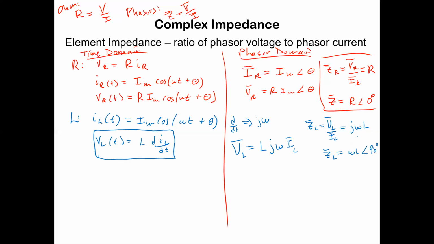That's what that j is. Which, that 90-degree phase shift explains why, when you take the derivative of a sine wave, you get a cosine, right? That's a 90-degree phase shift. So that's what we're representing with the j. The j is just saying you're shifting the phase by 90 degrees.